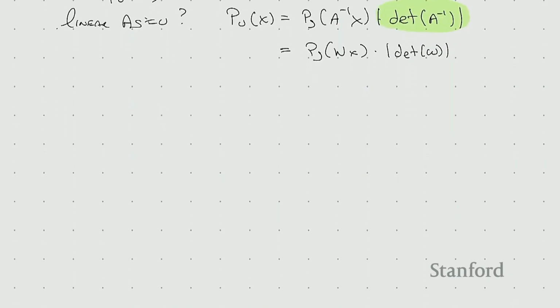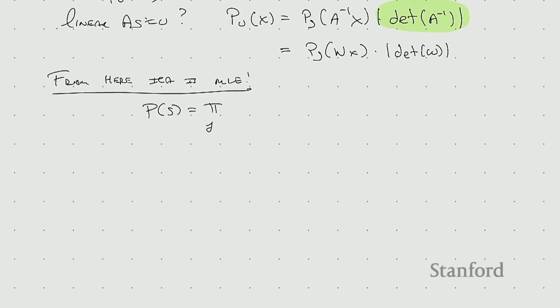All right, so once we have this fact, this problem is super easy. ICA is MLE. Why is that? P of S equals the product over j from 1 to d of P_S of S_j. This is where we use that the sources are independent. We have to assume this in the model.